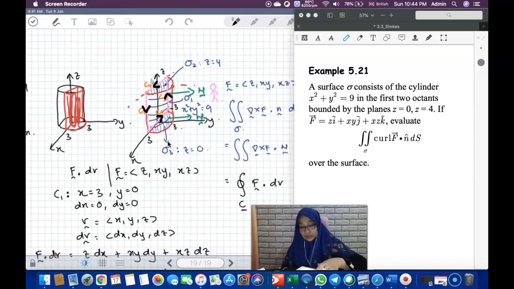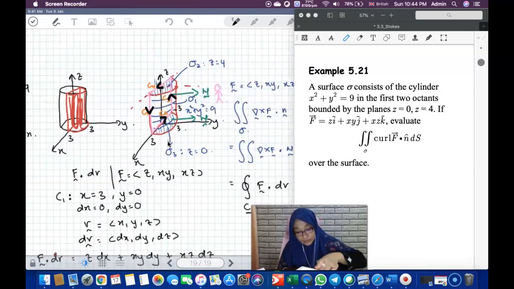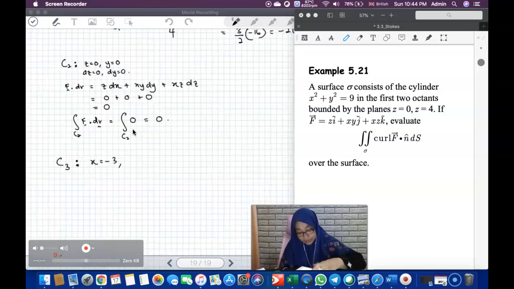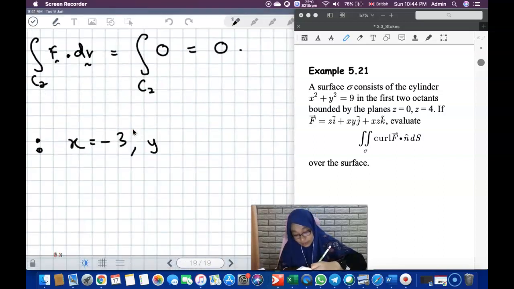Also y equal to 0, because it is lying on the wall, when y equal to 0. So your dx is 0, then dy also 0.